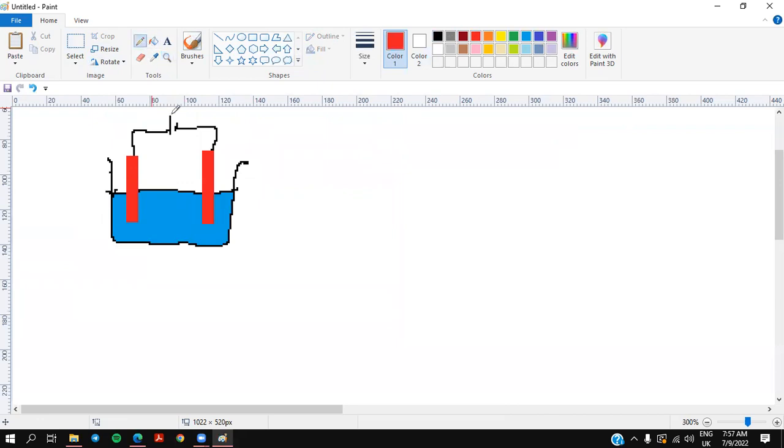We have the positive terminal here on the left-hand side. On the right-hand side, we have a negative terminal, a negatively charged electrode, because it's connected to the negative terminal of the DC source. So on the left-hand side, we have the anode. On the right-hand side, we have the cathode.